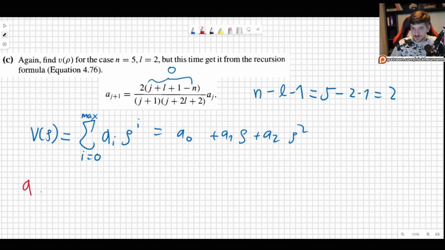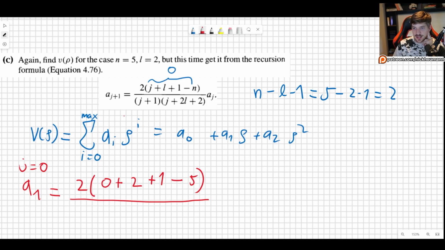So A0 is, of course, A0. You have to find that from normalization. And then we have A1. So A1 would be 2 times J plus L. J in this case is 0, right? A1 corresponds to the case J equals 0. So 0 plus L, which is 2, plus 1 minus N, which is 5.